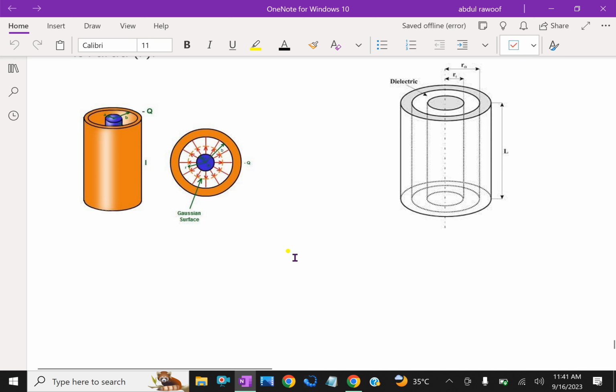For all practical purposes, the charge positive q coulombs per meter on the surface of the inner cylinder can be supposed to be located along its axis.